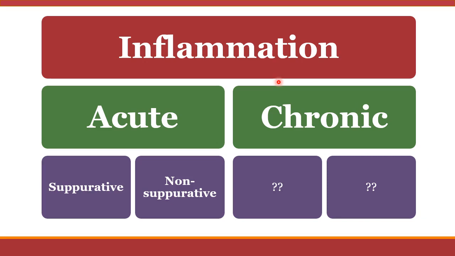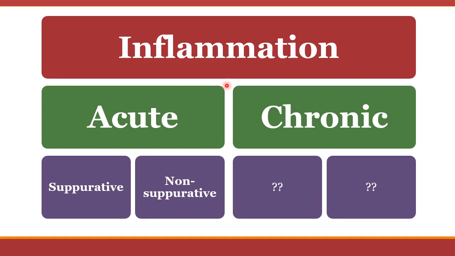So before I leave you, let's take a step backward and have an overview of what we studied till now in inflammation. So inflammation is a protective response of the living tissues to eliminate the harmful injurious agents such as bacteria and also to eliminate the dead tissues or necrotic tissues.